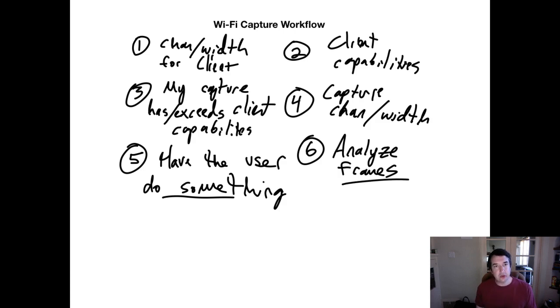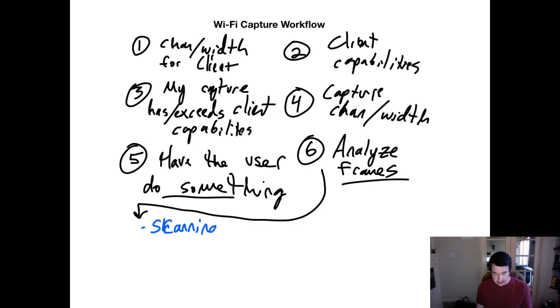And when you do the frame analysis, the things that I am typically looking for is the scanning behavior of the client. What does the client do when it's looking for access points, when the client is trying to decide which access point to connect to or when to roam to a new access point?